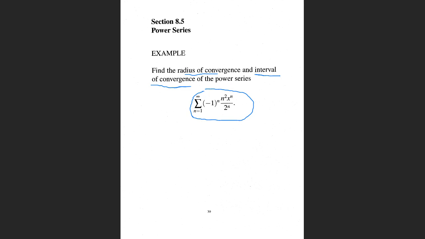By the way, what kind of series is this with the -1 to the nth power there as part of the coefficient? Good, it's an alternating series. So the coefficient is -1 to the nth power times n squared over 2 to the nth power. That's the coefficient of your x to the nth power.